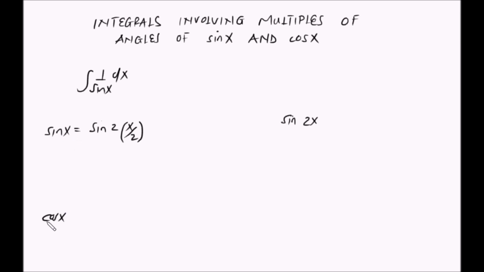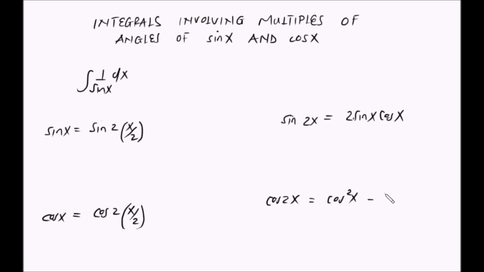Similarly, cos of x is a cosine of a multiple angle because this x is just cos of 2 times x over 2. So sin of 2x kwenye trig tulisema sasa na 2 sin x cos x. Wakati cos of 2x tulisema sasa na cos squared x minus sin squared x. So kwa hii sasa sin of x itakuwa sasa na 2.